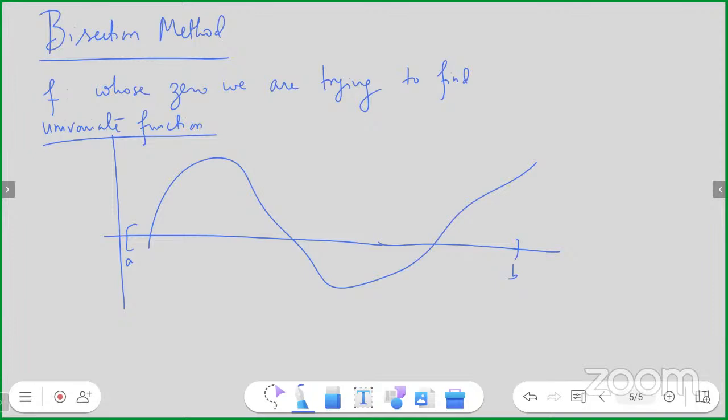So we'll worry about functions of this type, that's the only function I can really handle.